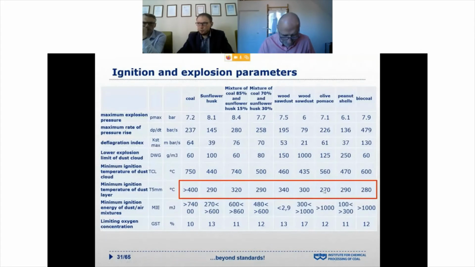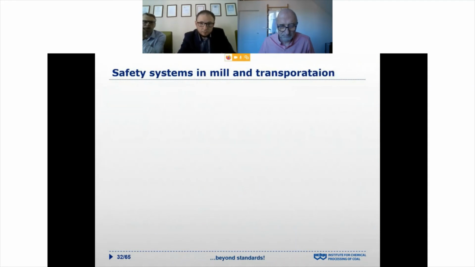So this temperature is easy to obtain inside the mill. So the probability of explosion increases if we introduce biomass inside the mill.